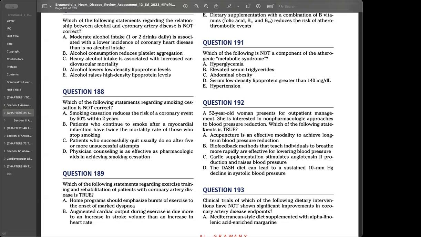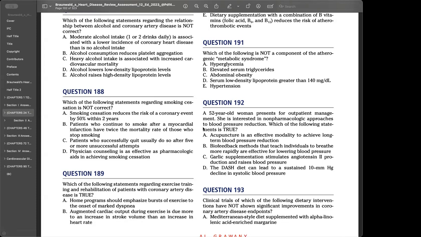From studies done, a systolic blood pressure reduction of about 9 millimeters of mercury and a diastolic reduction of about 3.8 millimeters of mercury can be achieved with garlic supplementation, but it has to be at a dose of 600 to 900 milligrams. So it inhibits angiotensin II production and does not stimulate it. This is a false statement.